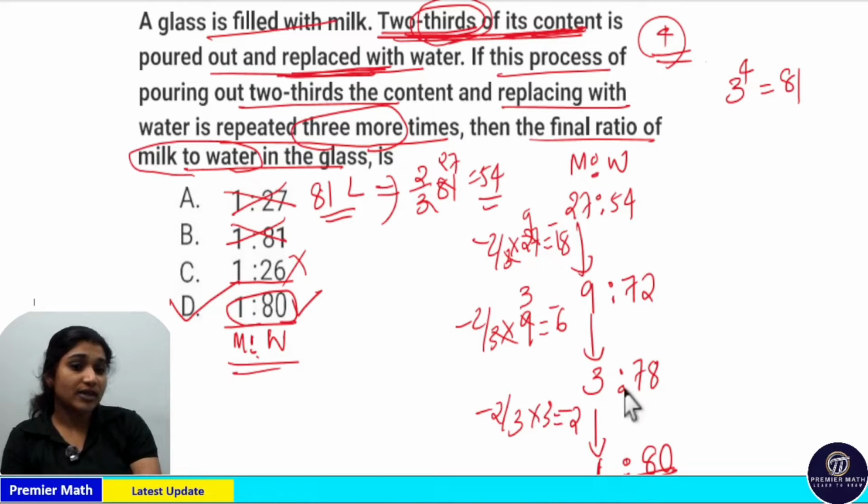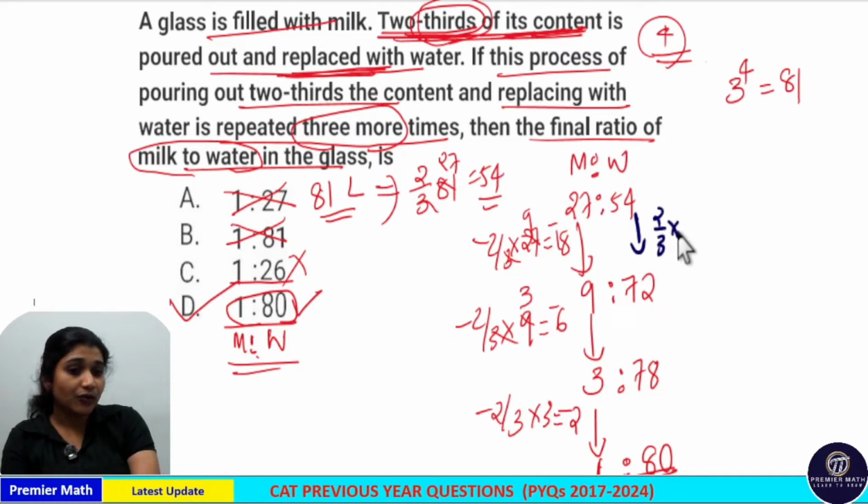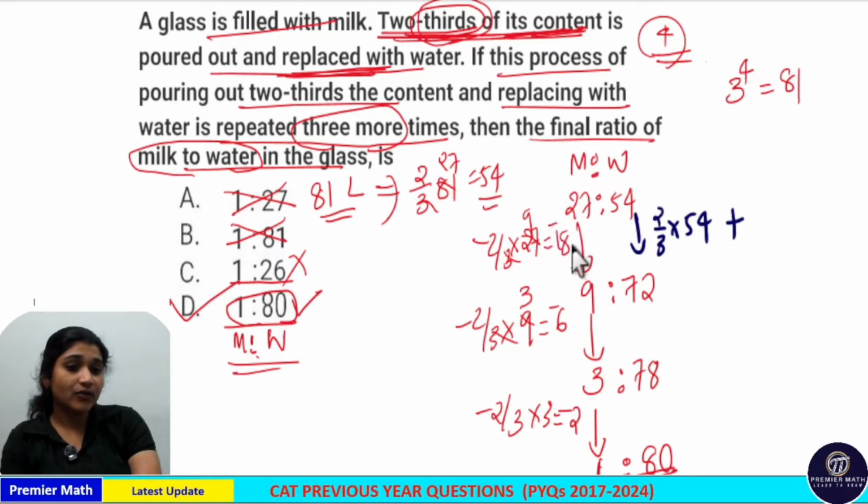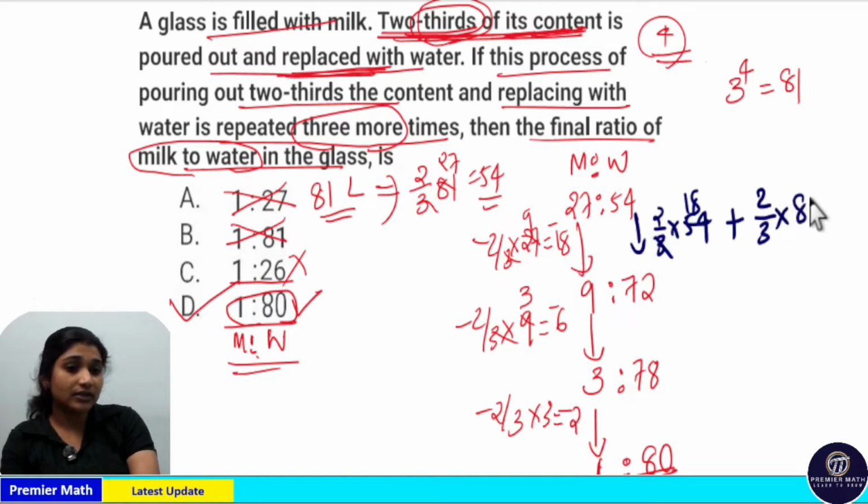Now if you want more concept, here when you are taking out 2 by third of the mixture, you are taking out 2 by third of milk which is 18 liter and you are taking out 2 by third of the water which is 2 by third of 54. Now you can see you have already taken out 18 liter and 36 liter, total 54 liter. So you have to add 2 by third of total mixture, that is 54.